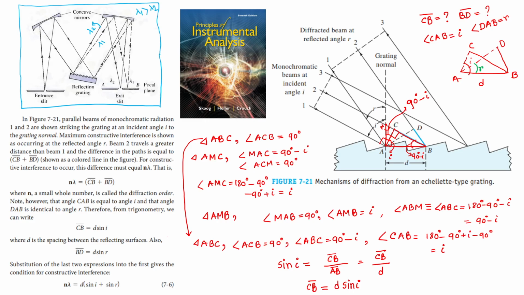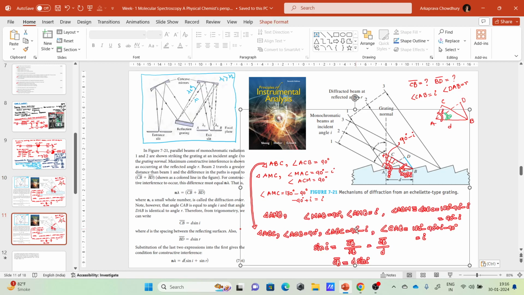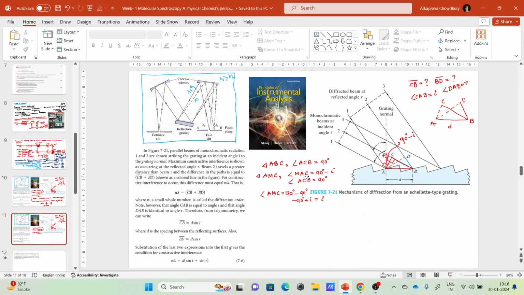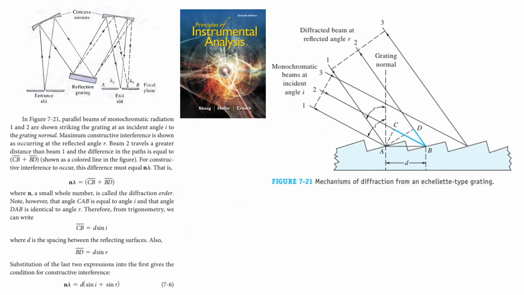Maybe I will show you why BD is D sin R. I'll copy paste this whole slide, delete this thing for now and only discuss this R part. For now, I'll draw once again that we have two triangles.